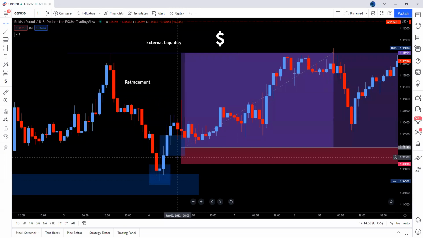This is a concept that I've been thinking about for a while. I've never really voiced it, but knowing where your volume is in terms of your orders and how strong price is moving in a certain way is very important here, because if you see where price returned from, it returned from the average area where there's a lot of orders or a lot of volume going through it.